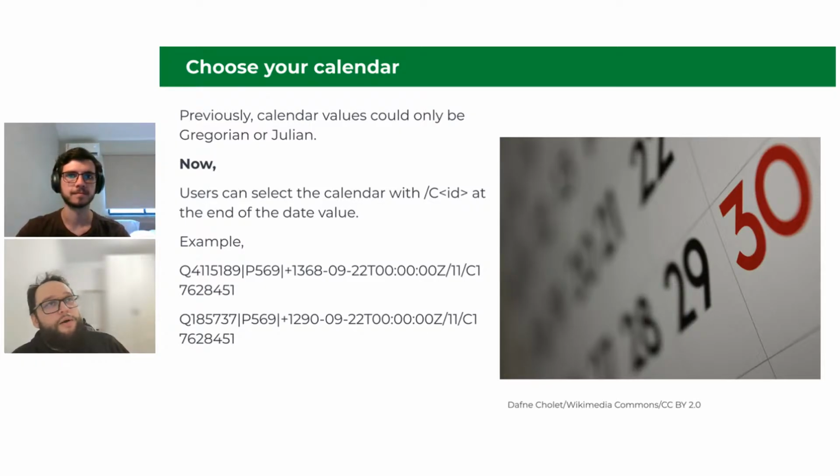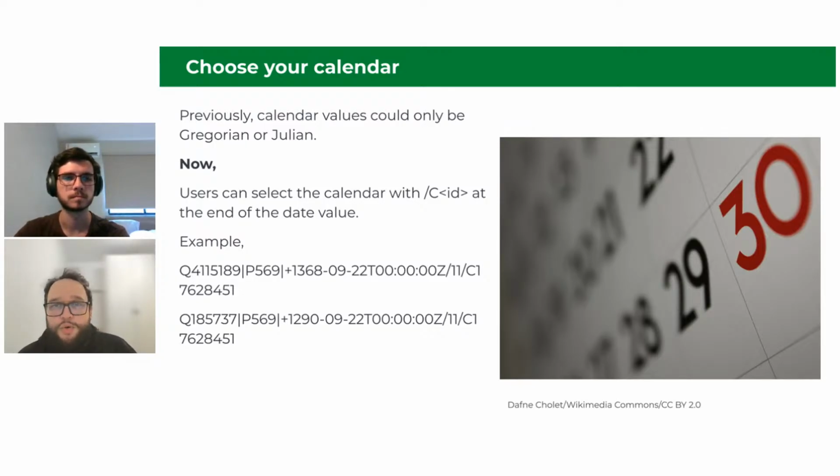bringing it to a more real world, we can start adding other types of calendars from other societies, organizations, and things like that. So we don't need to conform with just two calendars.